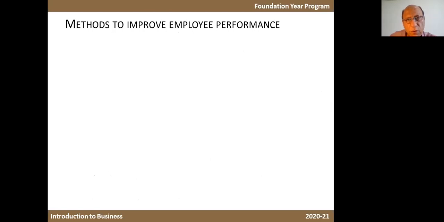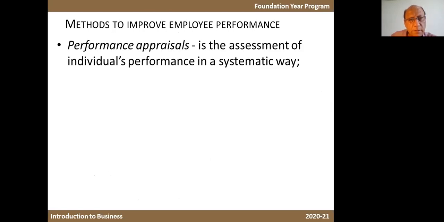Methods to improve employee performance. So this is very important. There are a few methods we will discuss. Number one is performance appraisal. This is an assessment of individual performance in a systematic way. The manager and individual employees sit together and the manager discusses what went right and what went wrong, and suggests some kind of training.